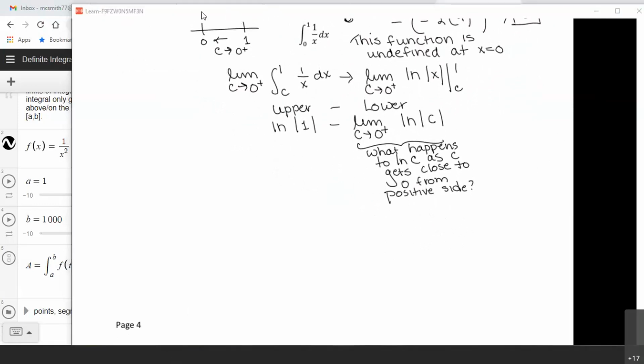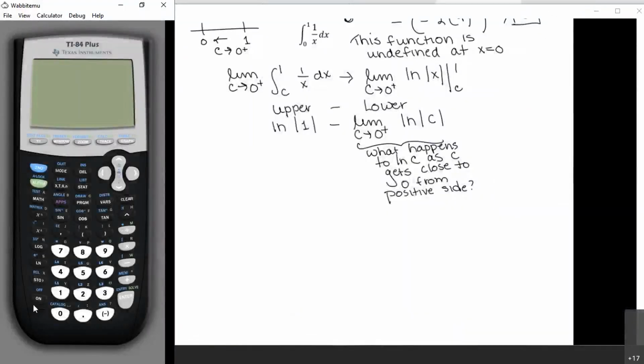Let me share my TI with you so you can see what I'm doing. Turn it on. I can put ln of x in my function here, so I have ln and absolute value of x, abs x, just so you're sure I'm not doing anything strange.